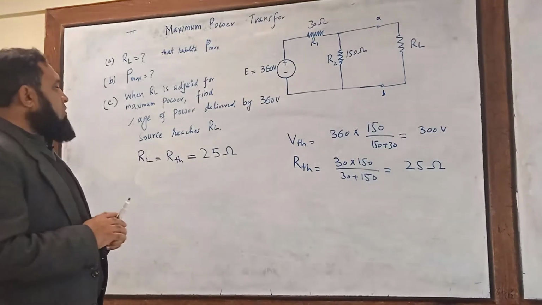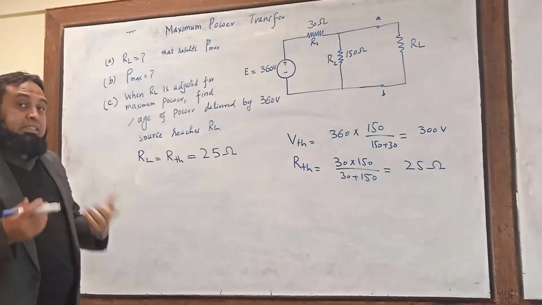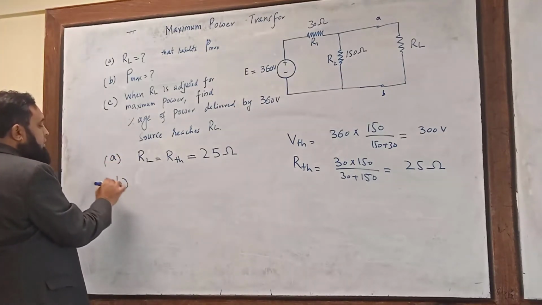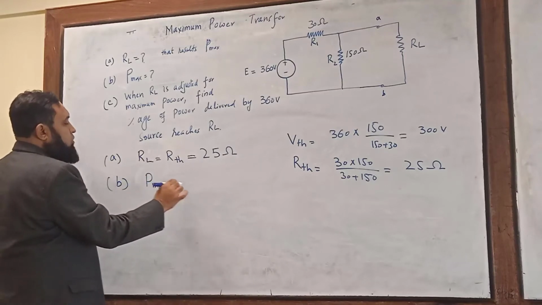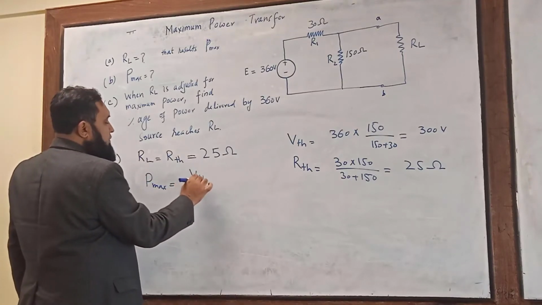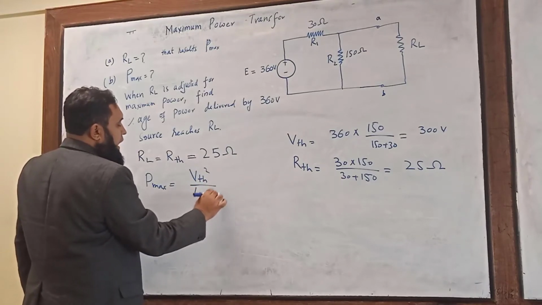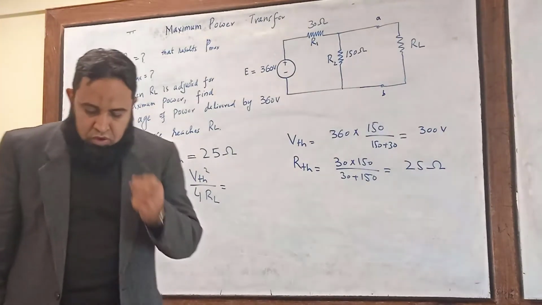Okay, now the second part is we have to compute the maximum power. So this is part A. Now part B is the maximum power. Just recall the formula: it is equal to VTH squared divided by 4 times RL, which is RTH.